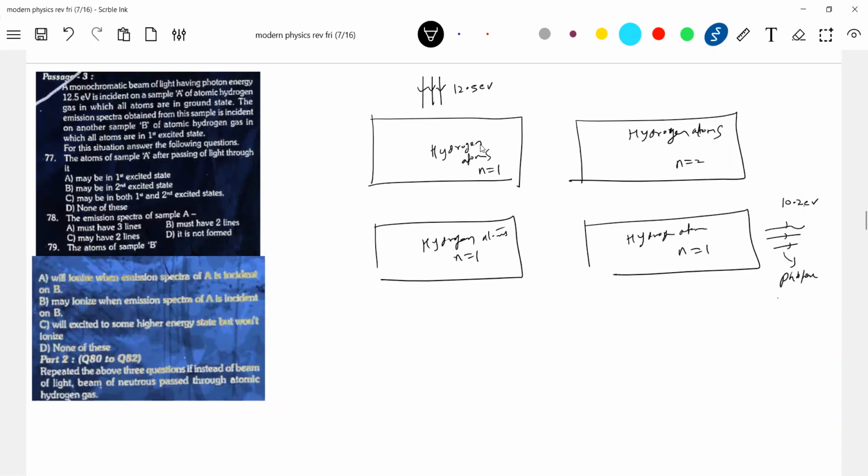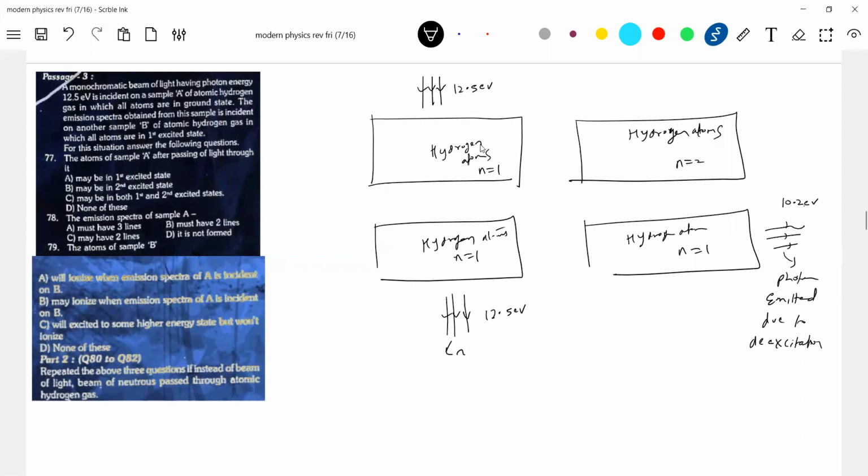Photons emitted due to de-excitation. Is that okay?